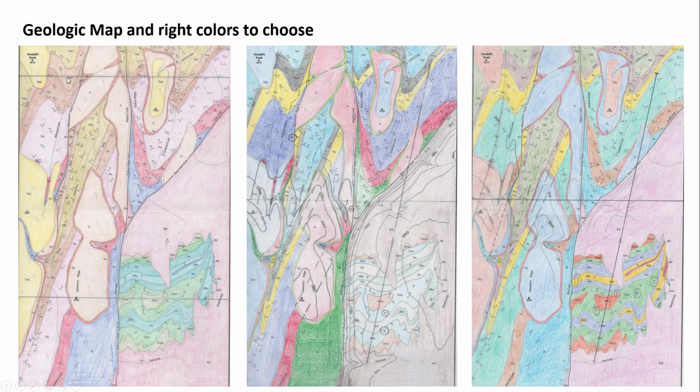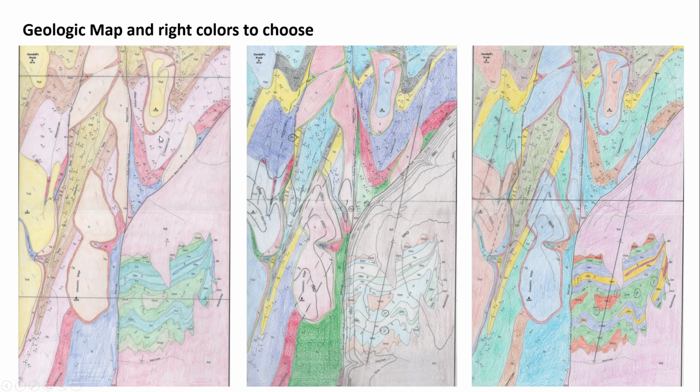Even though the colors are somehow similar compared with this, here the colors are different, but they don't really show the structure variation along the cross section as it does here. So if you go with this kind of colors, that would be good.